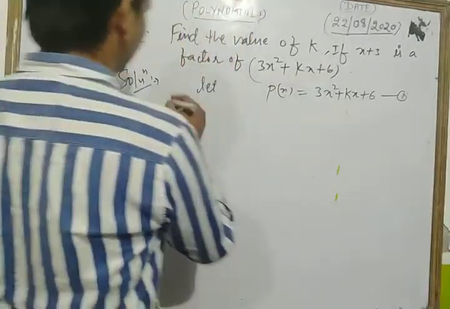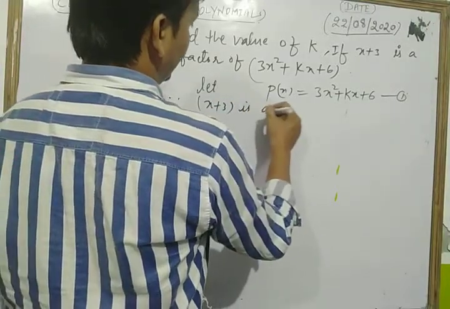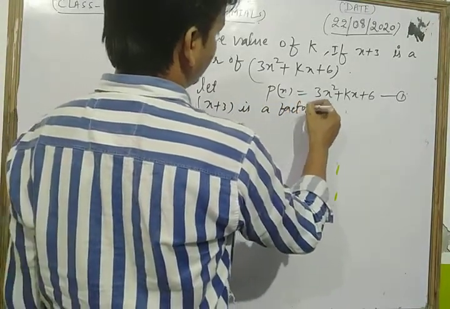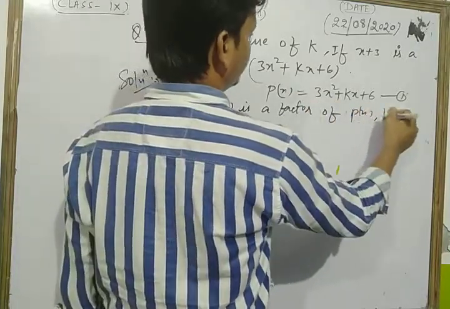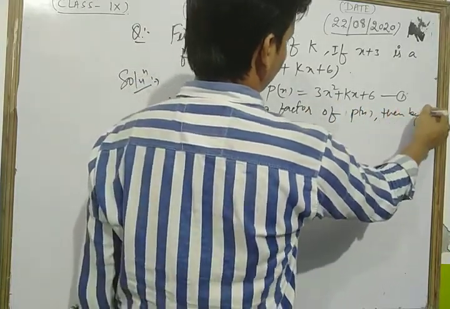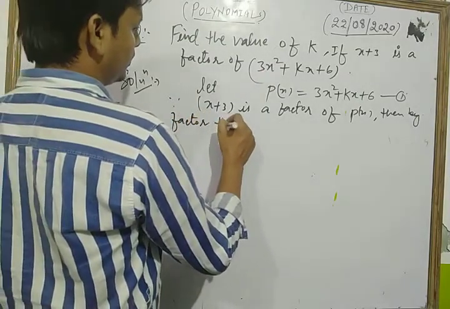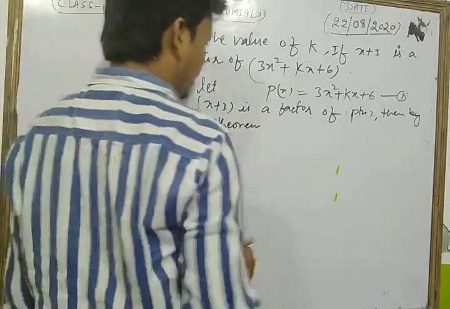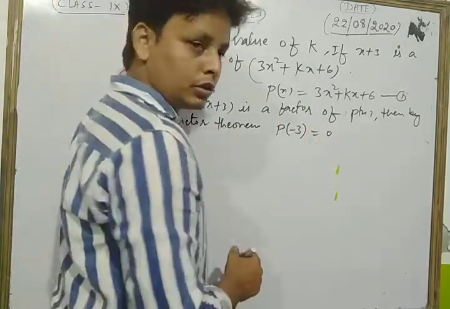Since x plus 3 is a factor of p(x), then by factor theorem p of minus 3 must be equal to 0.